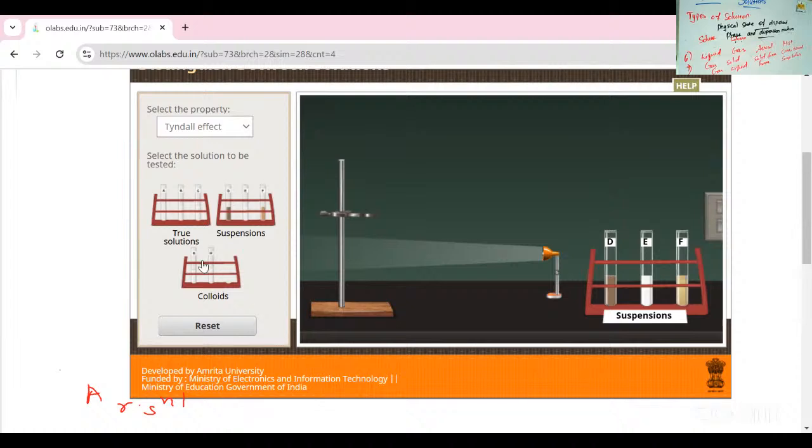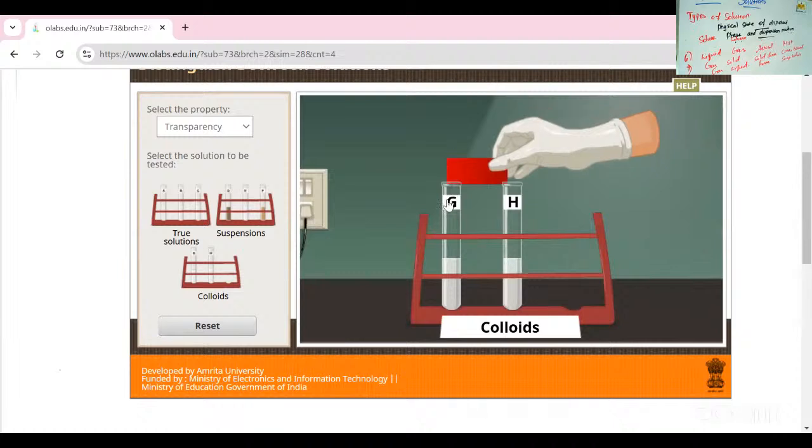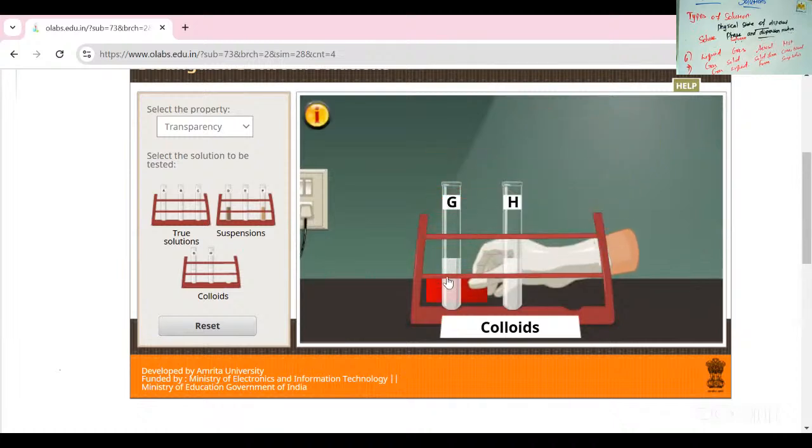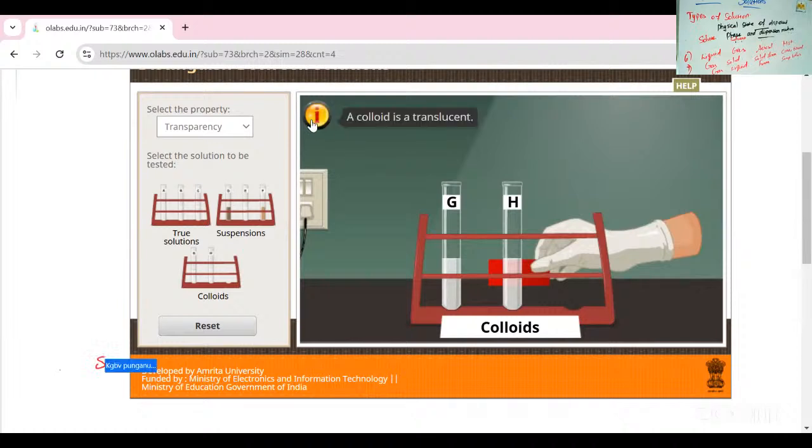Okay. So next one is colloid. Colloid is only two test tubes. One is starch, another one is egg albumin. So first property is transparency. Here it is also opaque medium only. So it is not called opaque, not invisible.